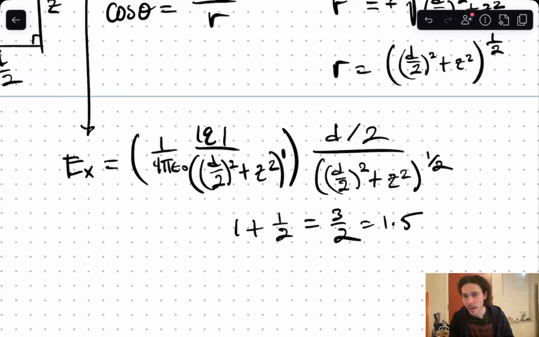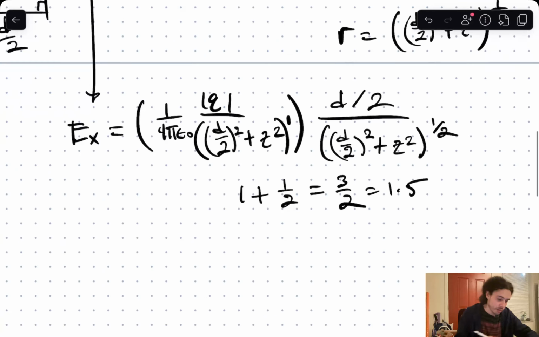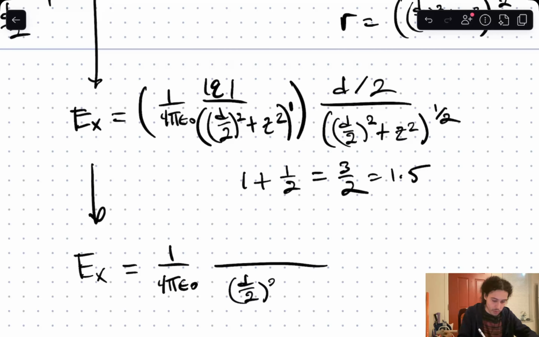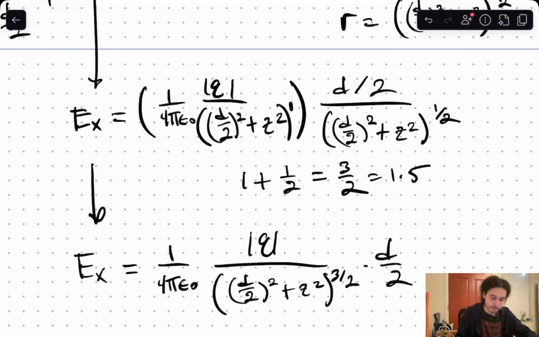I like to keep it in fractions, just because I think it looks a bit neater. It's just mathematical preference. 1 over 4 pi epsilon naught, d over 2 squared plus z squared, to the 3 over 2, absolute value q d over 2. Sort of bring it out.